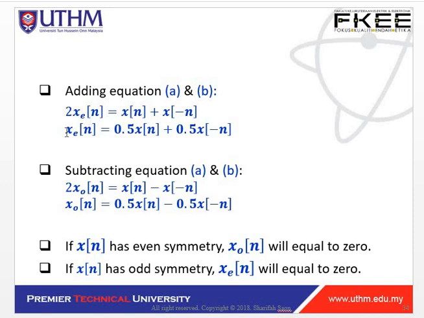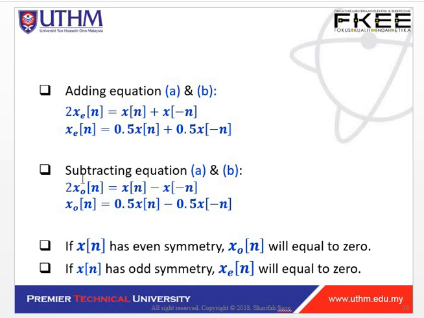Now you want to get x even only, so you divide everything by 2. You get 0.5 x[n] plus 0.5 x[-n]. This is how you get the x even signal. This is the formula that you need to remember, because most of the time we will use it to solve the problems.